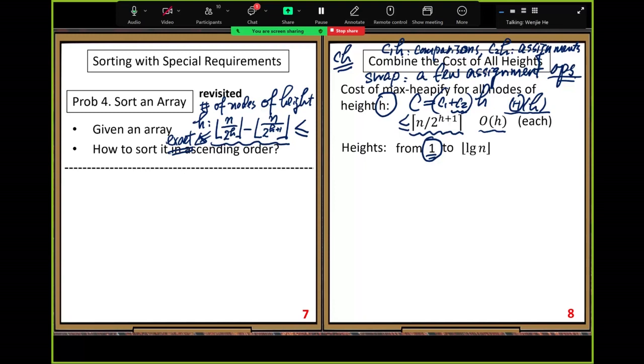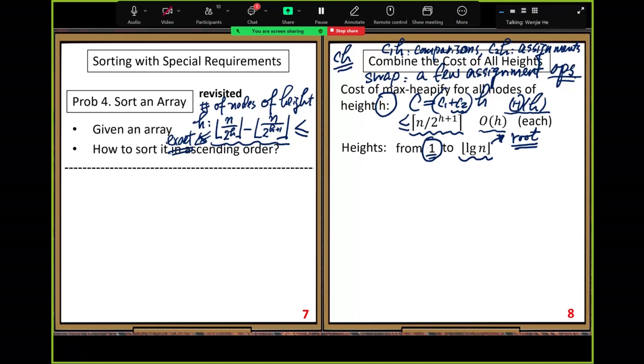Height 1 is the smallest height we need to do the fixing work. The largest is at the root, height floor of log base 2 of n. So this corresponds to the root.